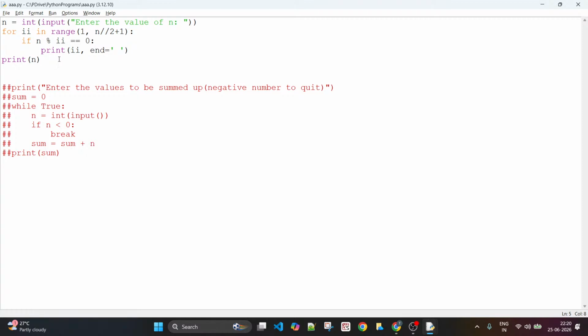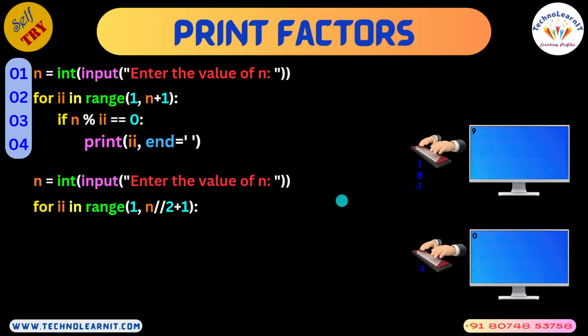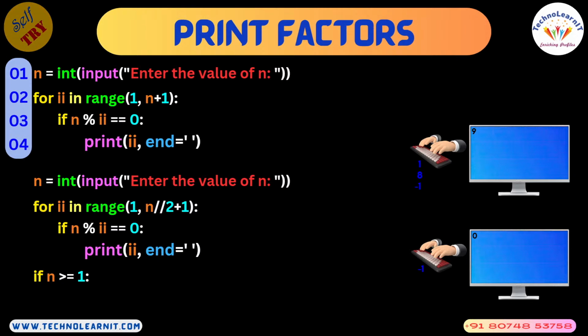All right, let's jump on to the program. Now, I hope you understand why the second approach goes up to half of the number, correct? And since you have to print the factor, you have to check whether the remainder is zero. And if the remainder is zero, you're going to print it out.